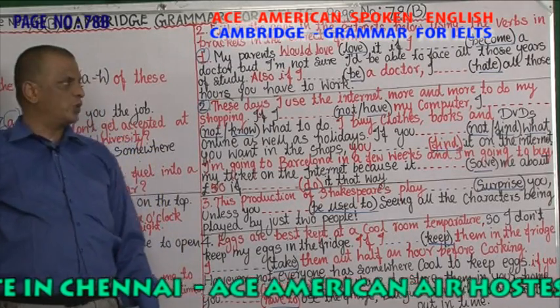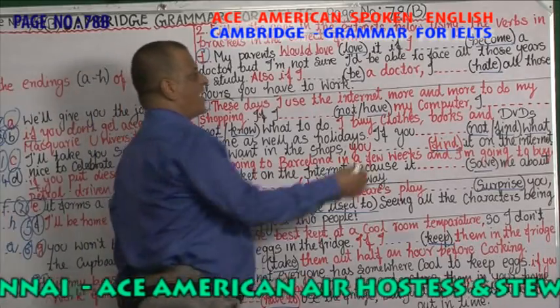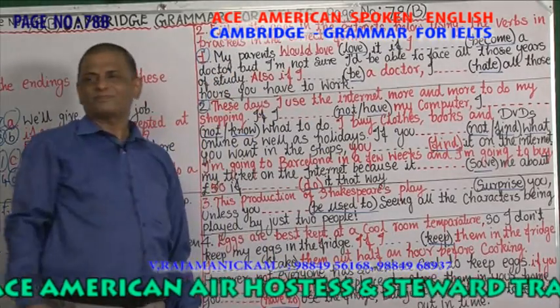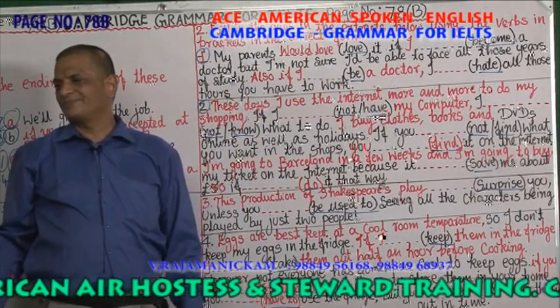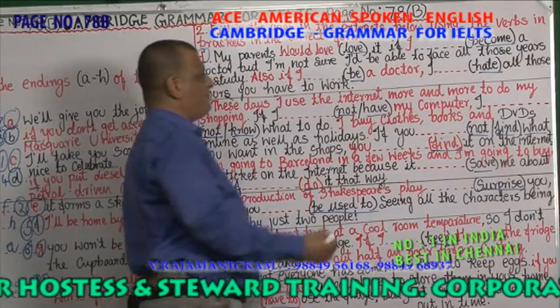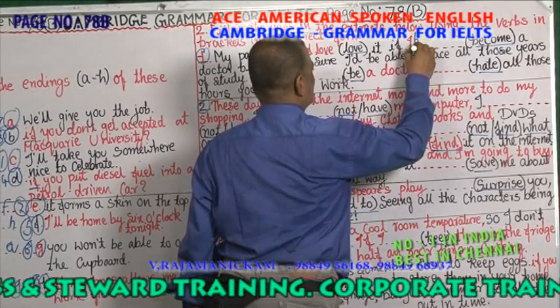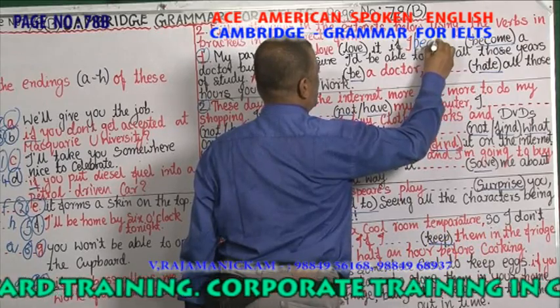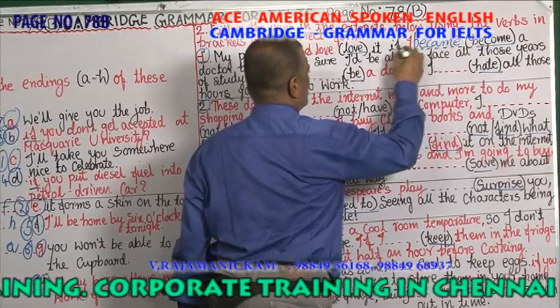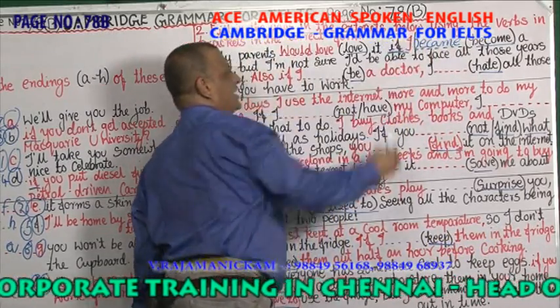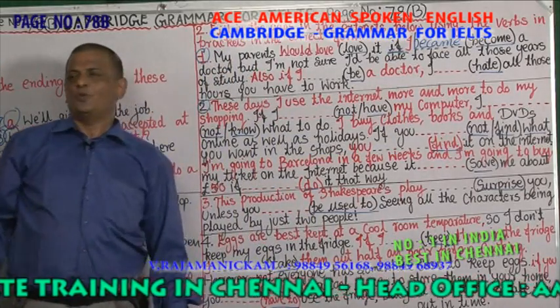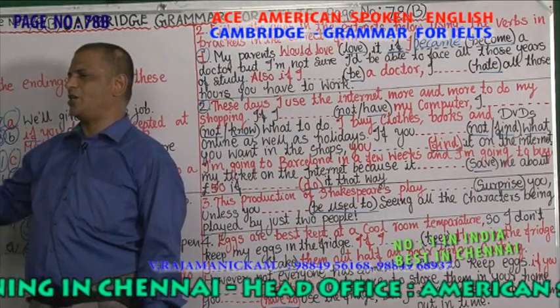My parents would love it if I, what's the answer? Become or became? If I became. So it's an imaginary situation. See, past tense is used, so if is used. So in an imaginary situation, which condition does it come under? Condition number 2.